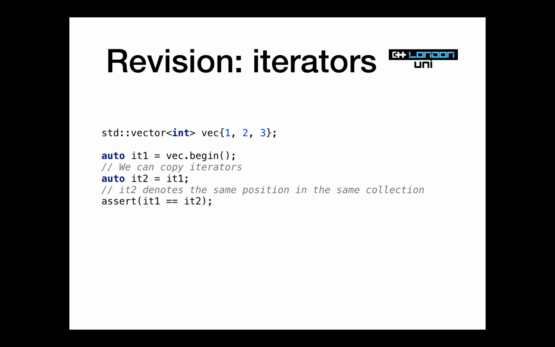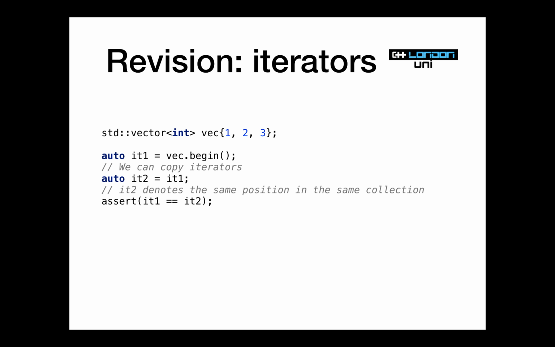When you're doing the equals there, it's probably worth mentioning that it is the position you're checking for equality, not the value. Absolutely. They represent the same position in the same sequence. So when you dereference them, they're going to have the same value, of course. But if you change the value, it would still say they're equal.